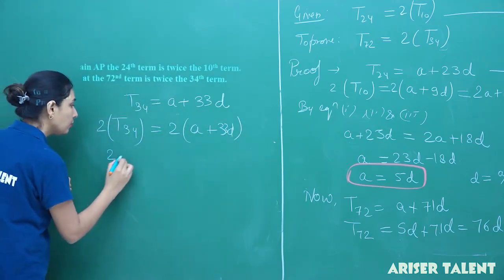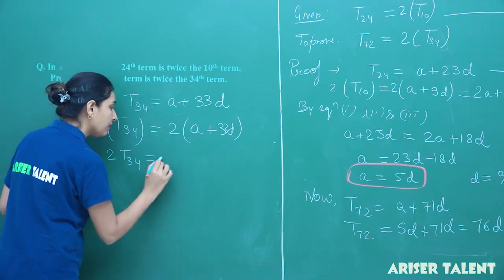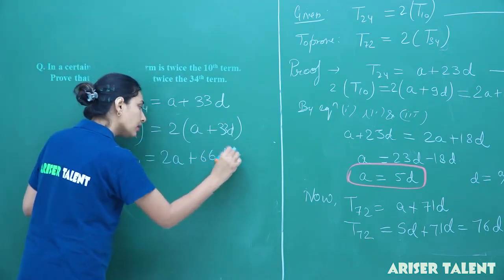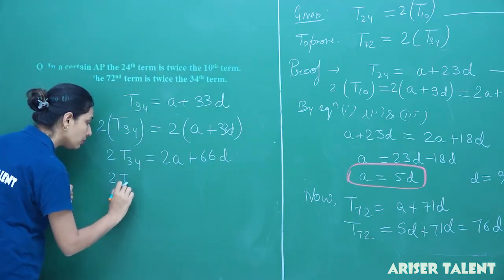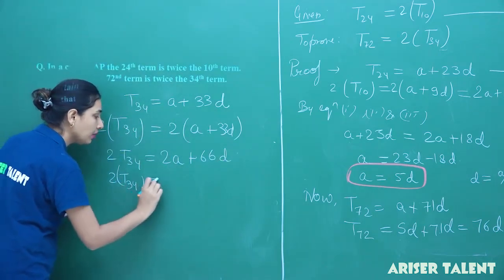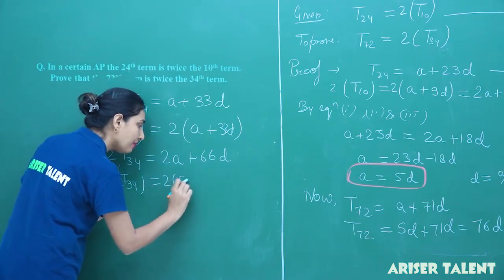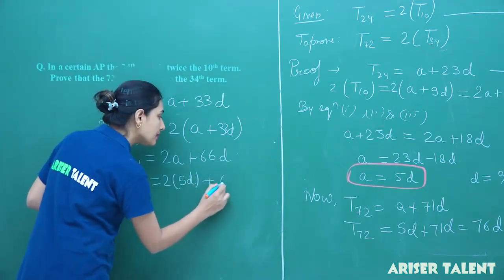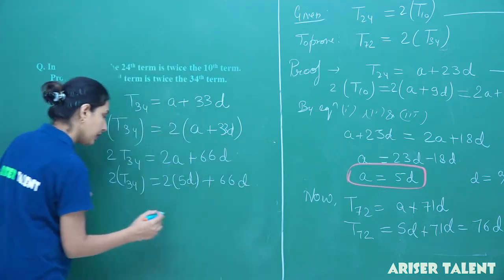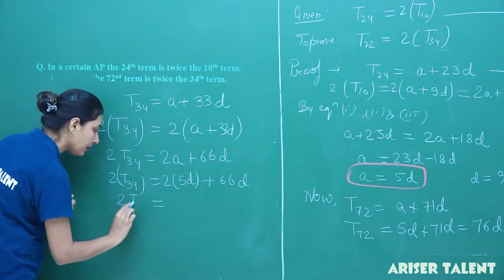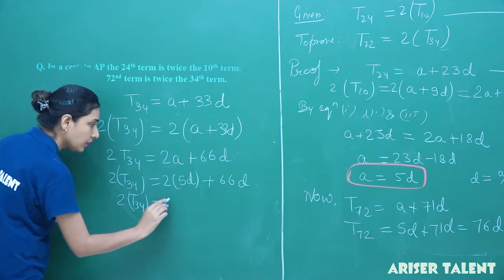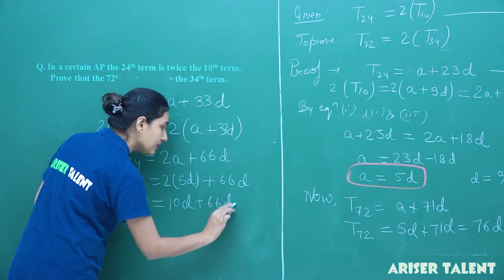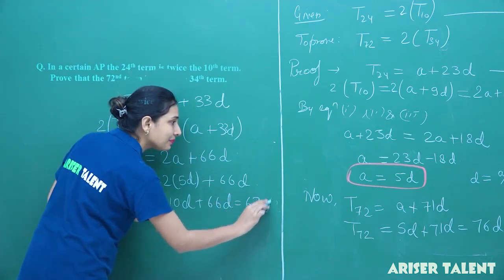So it will be 2T34, that will be equals to 2A plus 66D. Now this 2T34 will become 2 multiplied by 5D, because A equals to 5D, plus 66D. Okay. So that will give me 2T34 equals to 10D plus 66D, which is equals to 76D.